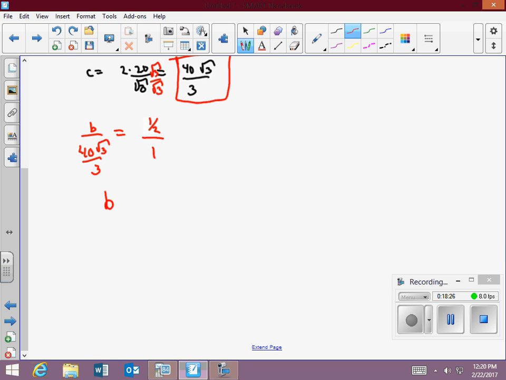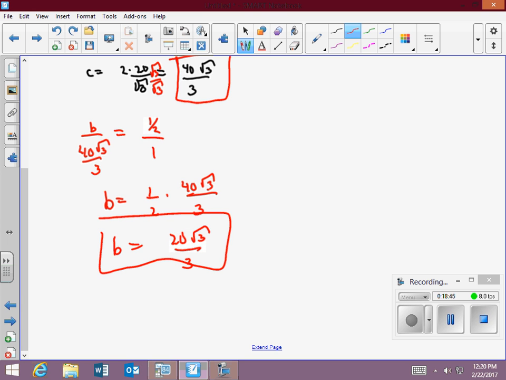And then B is going to be 1/2 times 40 square root of 3 over 3. So this is going to be 20 square root of 3 over 3. And we would have calculated then the sides that are not given to us.